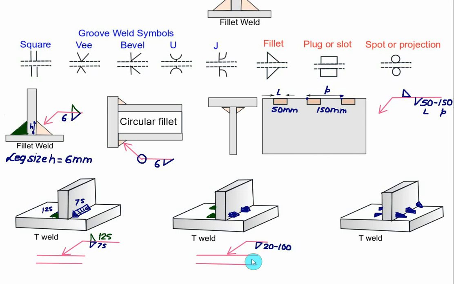That information you have to provide. On the other side we also have two stitches and it is a fillet again, so you have to show the fillet symbol. Since we have two stitches and they are symmetric, you again write down the length of the weld, and the pitch is equal to 100. So L stands for length, P stands for pitch.